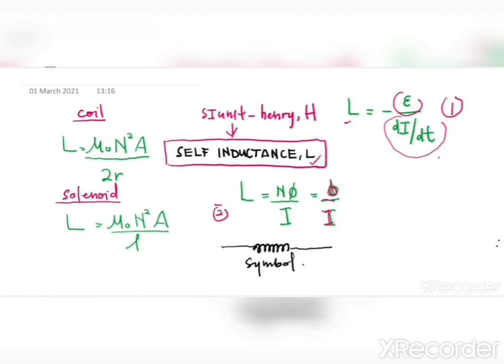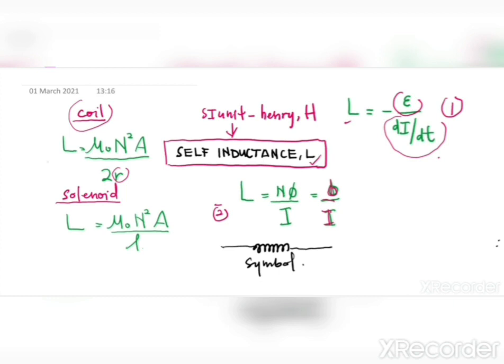The last formula used for self-inductance is based on the structure of the inductor. For a coil, the formula of self-inductance is mu naught N squared A divided by 2R, where R refers to the radius of the coil. For a solenoid, the formula used for self-inductance is mu naught N squared A over L.